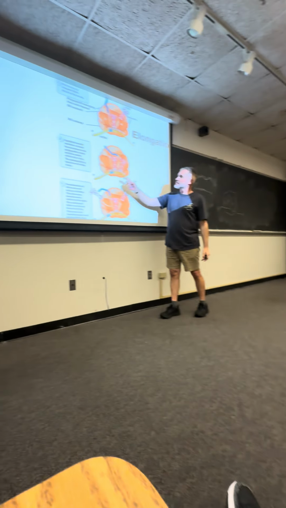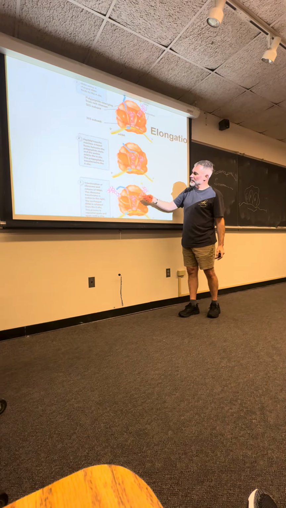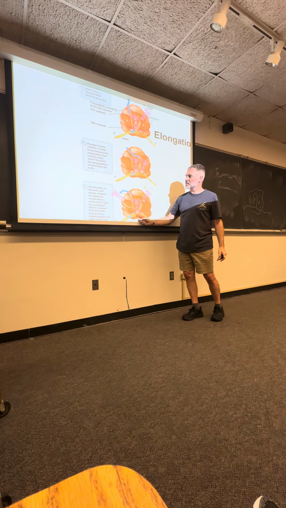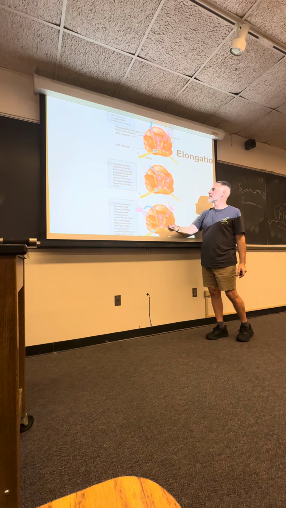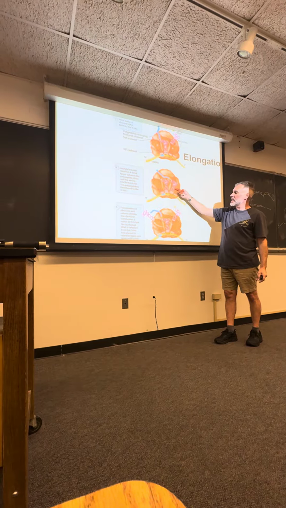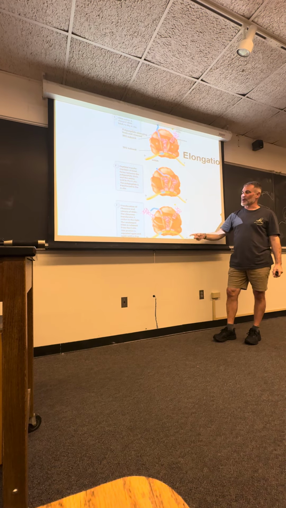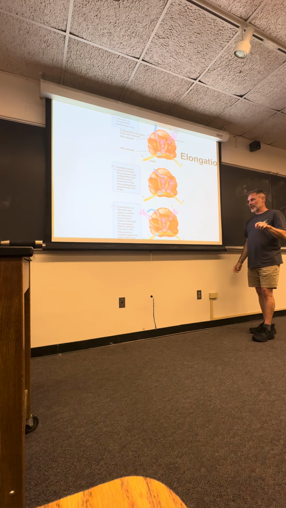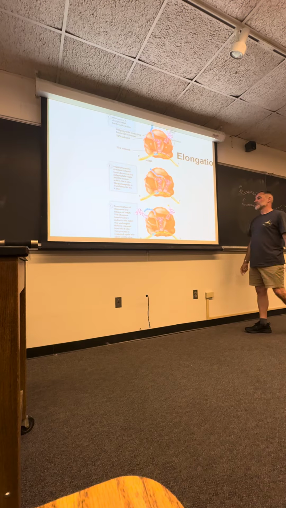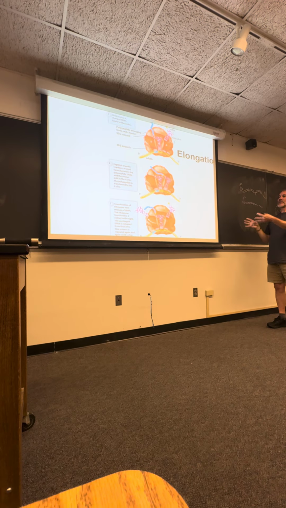And when it did that, this tRNA got bumped into the E site, which is the exit site, and it's on its way. This tRNA, which was in the A site, is now in the middle site, which is P, which means the A site is now open, which means we can bring in a new friend. And so this continues until we get to the stop codon.